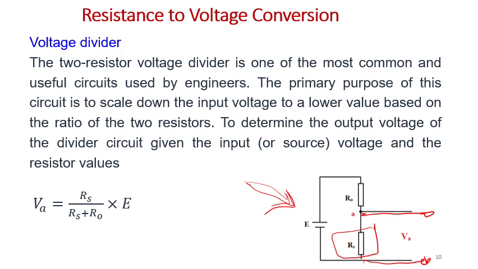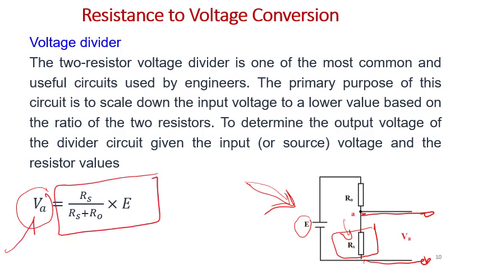Now, if the voltage E is applied, what will be the voltage on RS? The voltage on RS, which is VA, can be calculated this way. Notice that the output voltage is proportional to the value of RS. Keep this in your mind. Any change in RS will make a change in VA. That's how I'm converting the resistance to voltage.